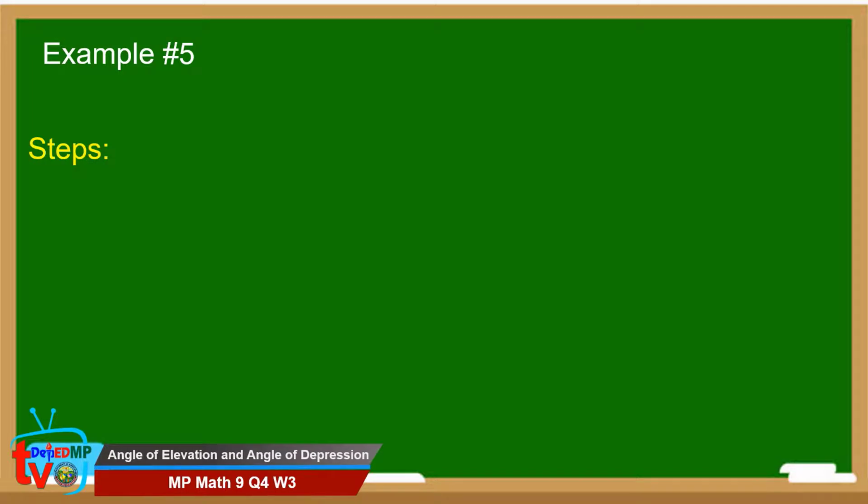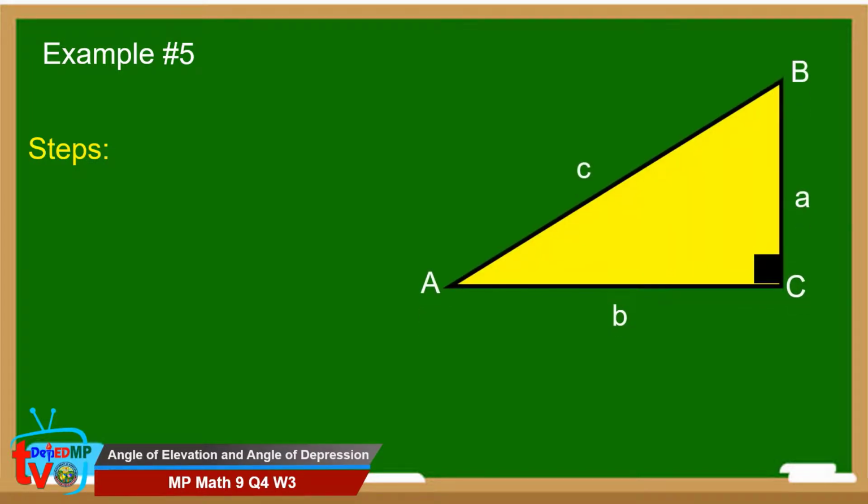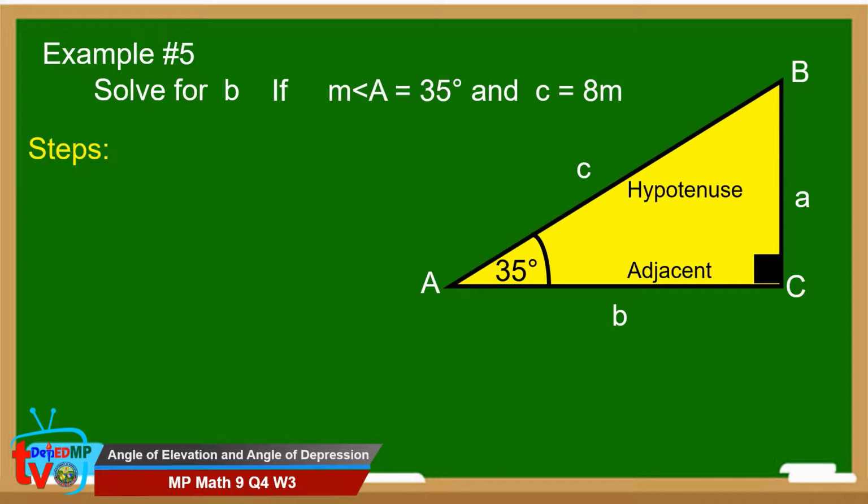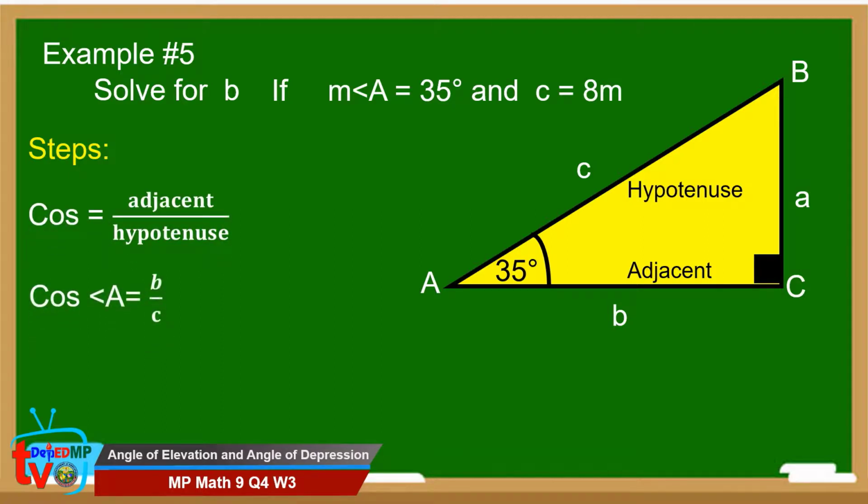How about this example? We solve for the adjacent side B if measure angle A is 35 degrees and the hypotenuse measures 8 meters. Again, which among the ratios should we use? Good, we will use cosine. Substitute the variables first, then substitute the measures given.